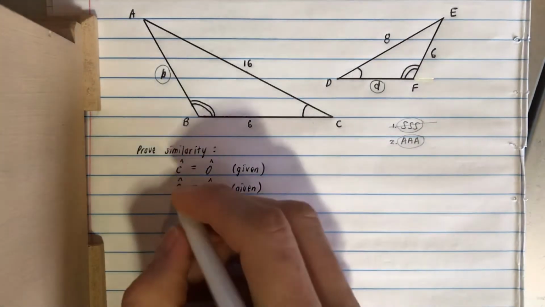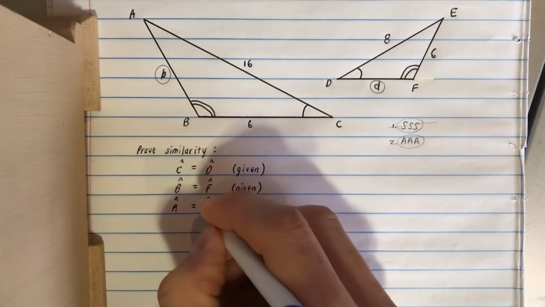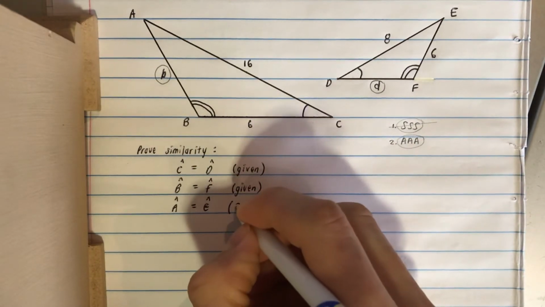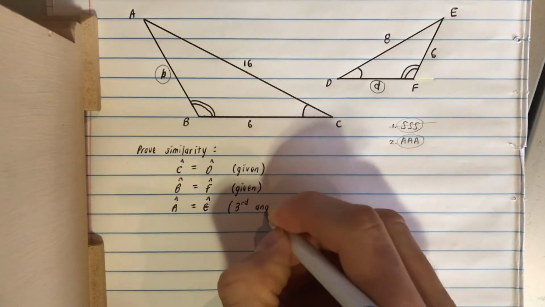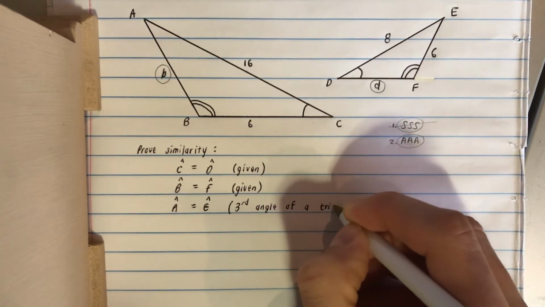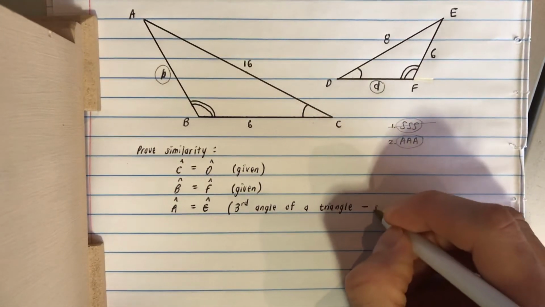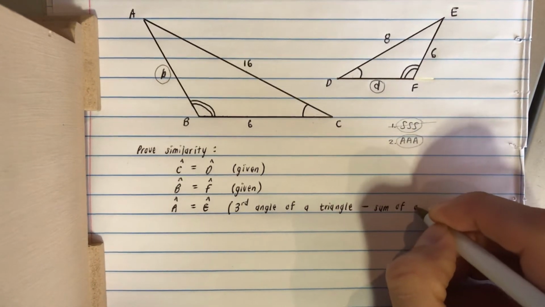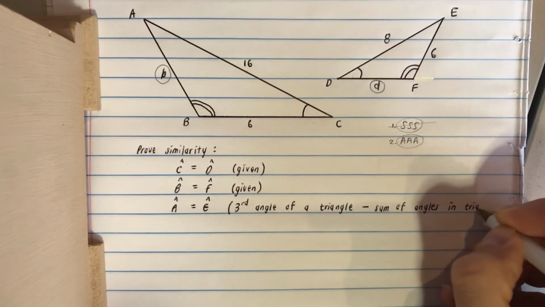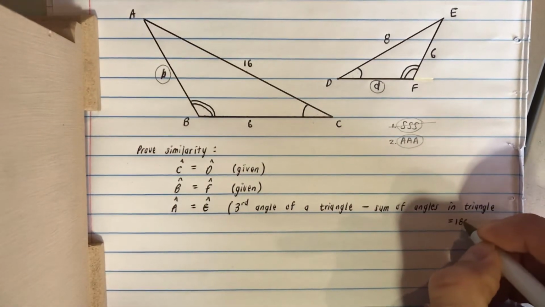Okay, so we'll say angle A is equal to angle E, and let's just say that the reason here is that it's the third angle of a triangle, and the sum of angles in a triangle equals 180 degrees.